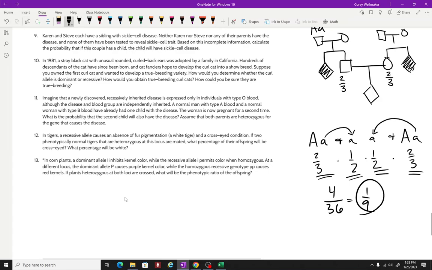All right, number 10. How do I know whether the curl allele is dominant or recessive? Okay. So let's say I have a curl cat.